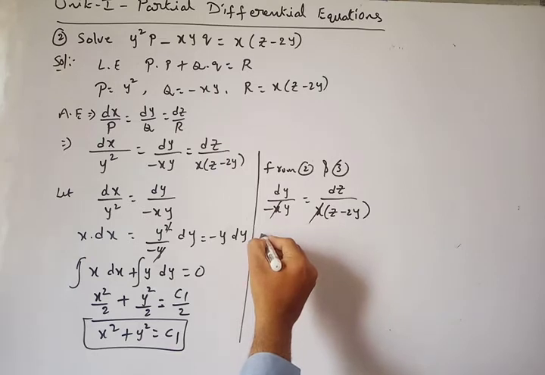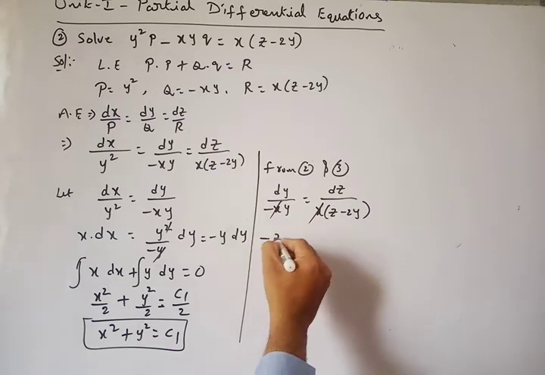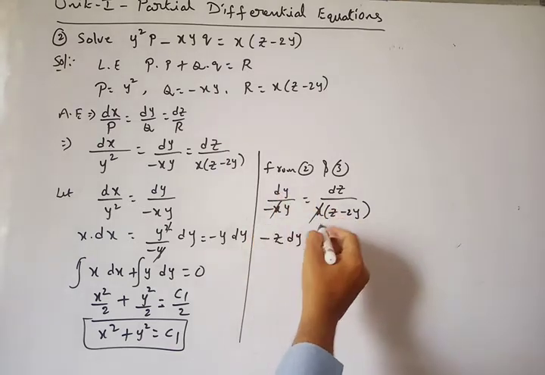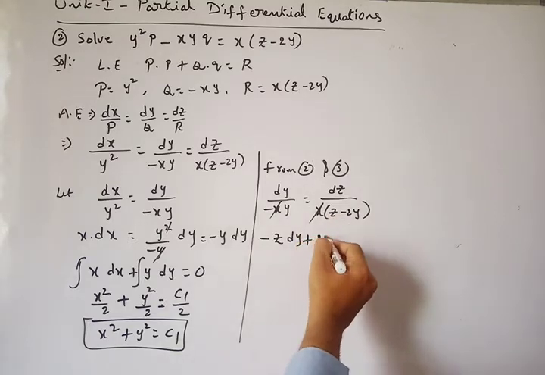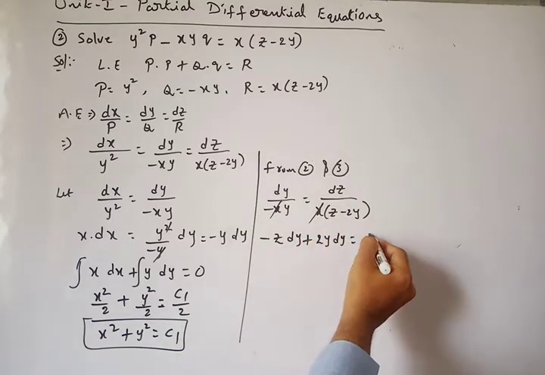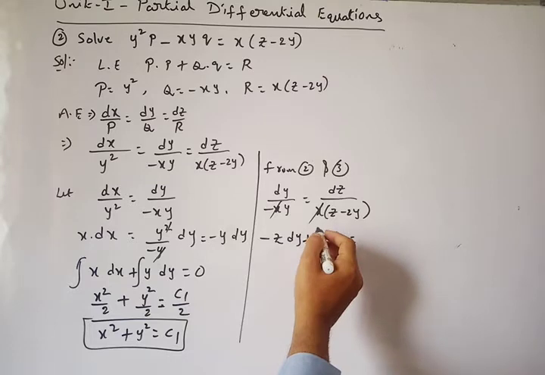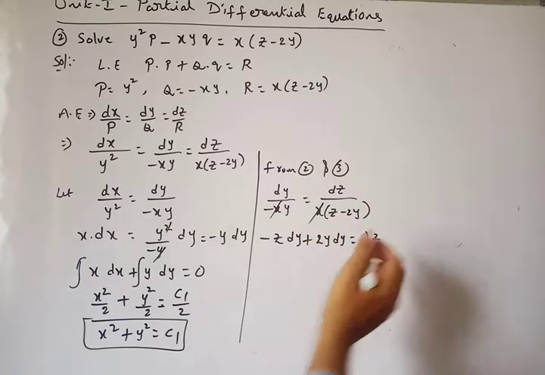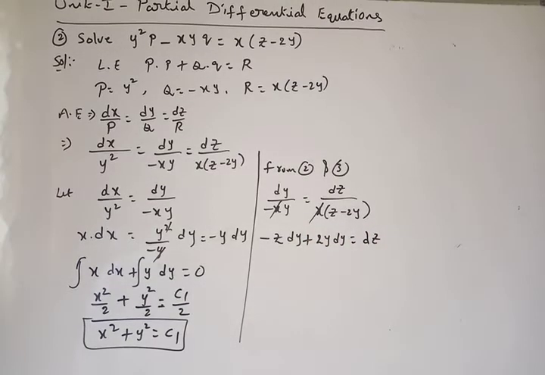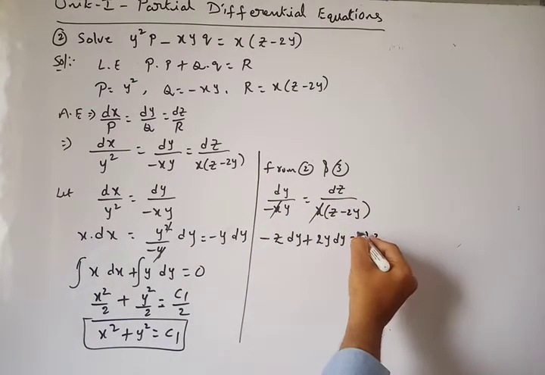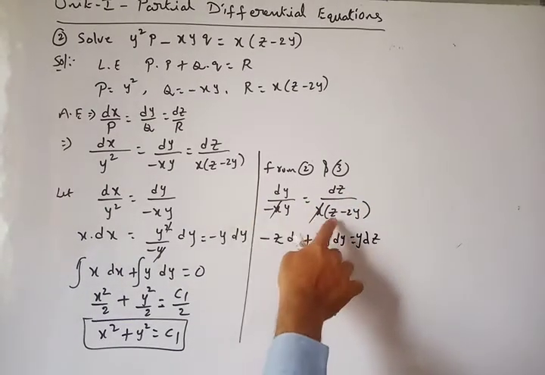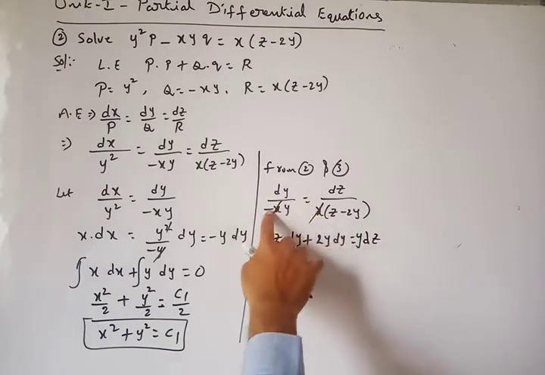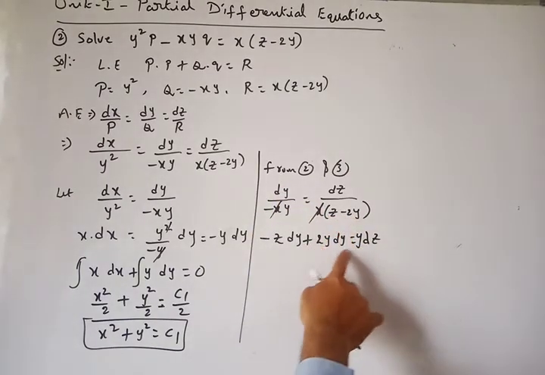So what I get here? Minus z dy, minus into minus plus 2y dy is equal to y dz. Correct?